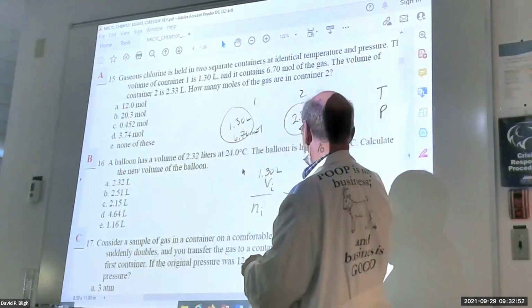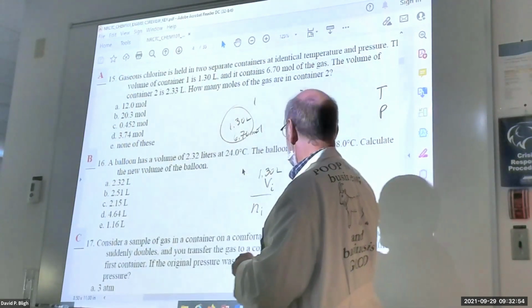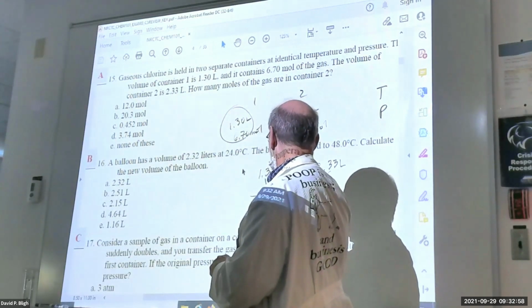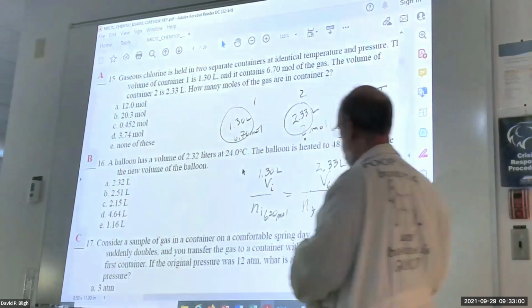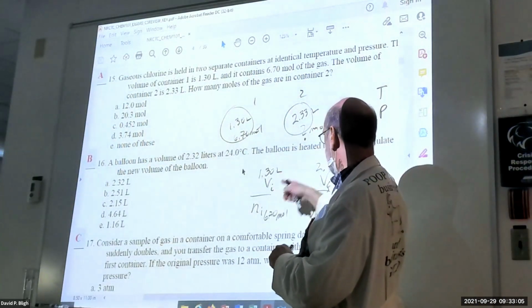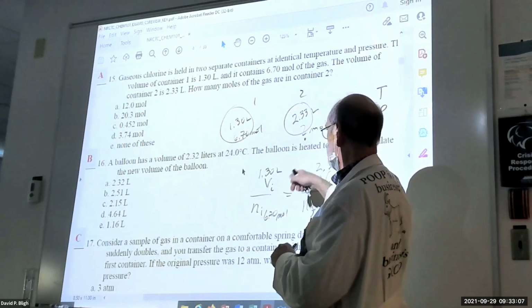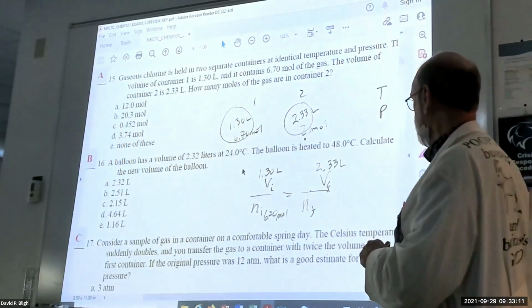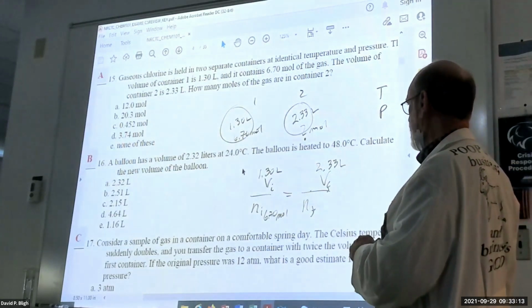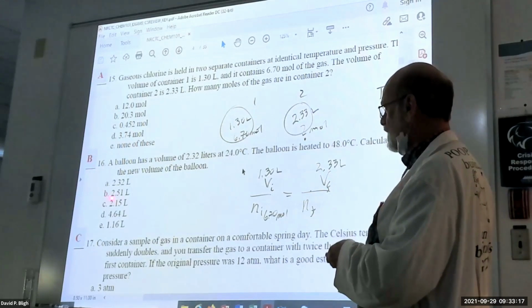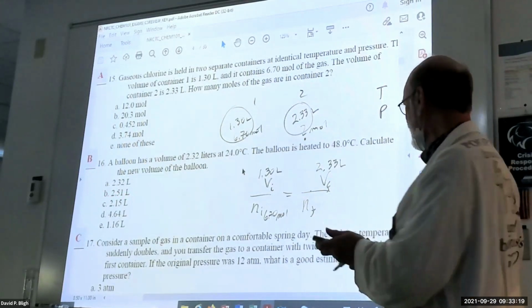Volume for the second one is 2.33 liters. Moles for the first one is 6.70 moles. And that's enough. So all we have to do is divide this one by that and divide that product by that quotient of this one. And we get our answer. And to save me the embarrassment of calculating it wrong, the answer should be 2.51 liters.